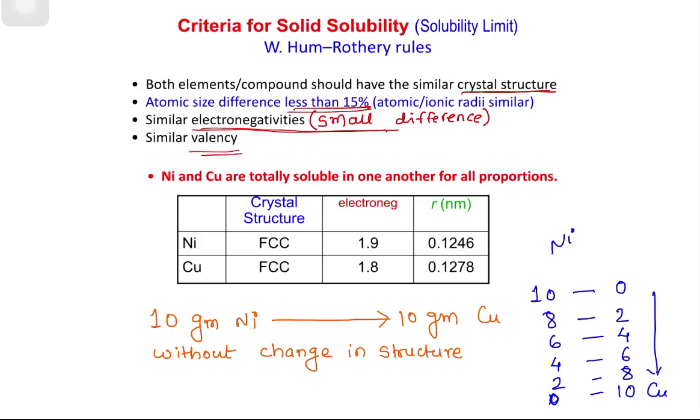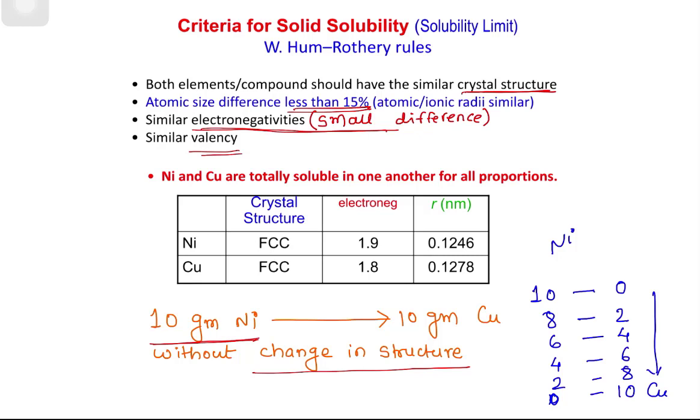The meaning of solid solution is that it will retain its structure for 100% solubility. What is meant by 100% solubility? For that we will take an example of nickel. If we take 10 gram nickel and add copper into that, we reduce the concentration of nickel and increase the concentration of copper. If there is no change in the structure, it means that a solid solution forms.